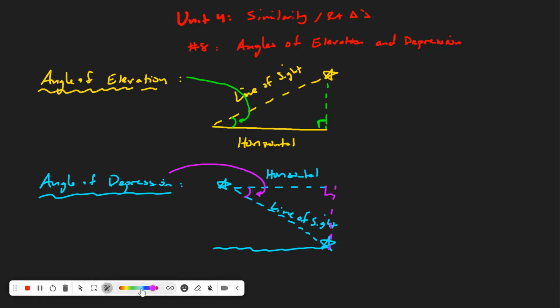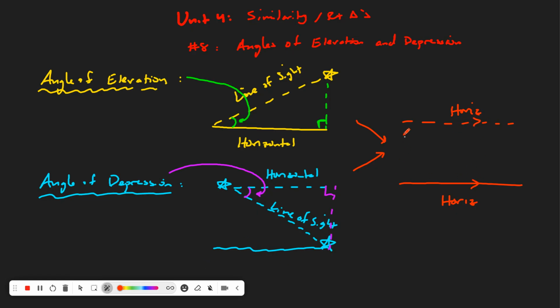Now, if you put these two ideas together, both of these angles are formed by horizontals. So there's a ground horizontal, and there's an in the air horizontal. Those two horizontals are going to be parallel.